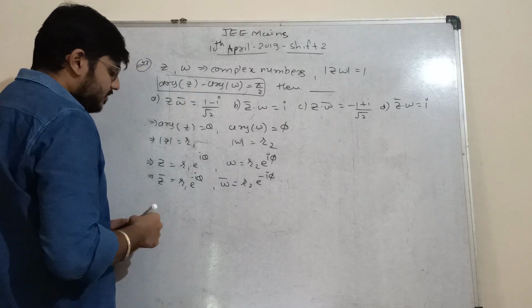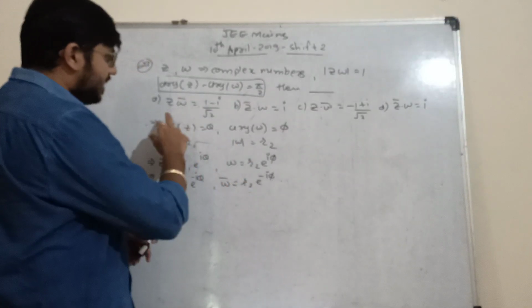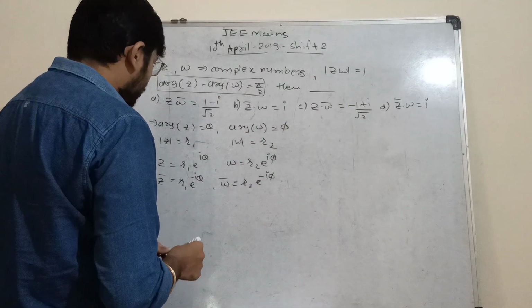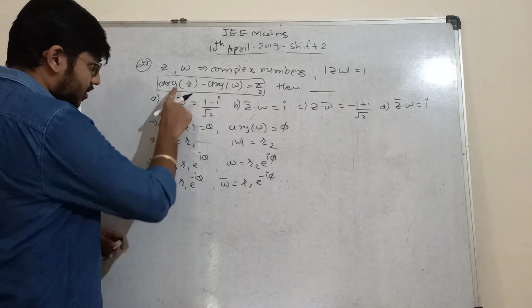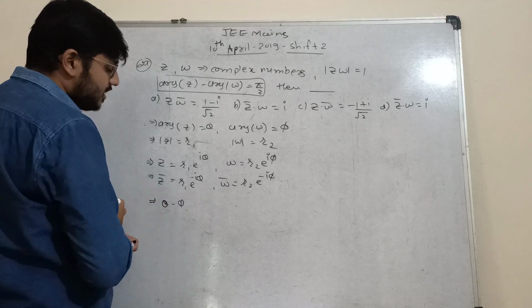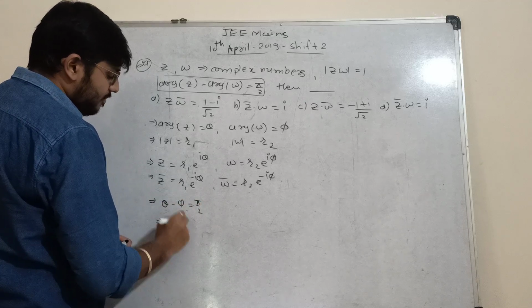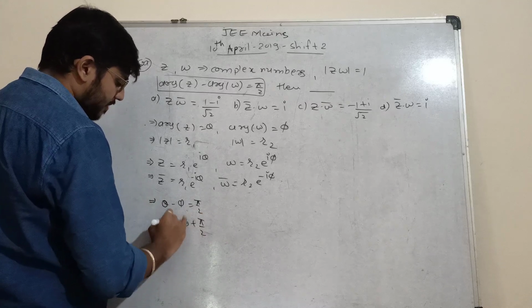Okay, so now from these conditions we need to obtain a relation between Z W bar and Z bar W. First of all, from the given condition, argument of Z we have assumed as theta and argument of W as phi, so theta minus phi equals pi by 2. So theta will be phi plus pi by 2.